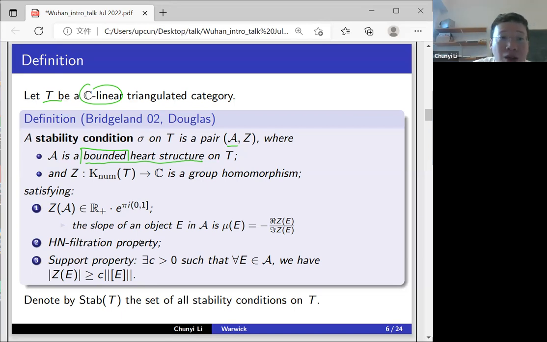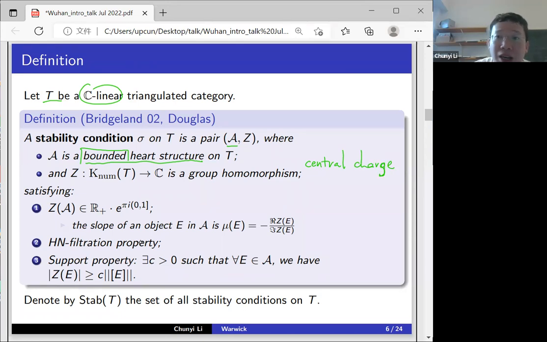The bounded heart structure, and also the second datum, which sometimes has the official name central charge, which I'll keep using for the rest of the talk. Is that a central charge?